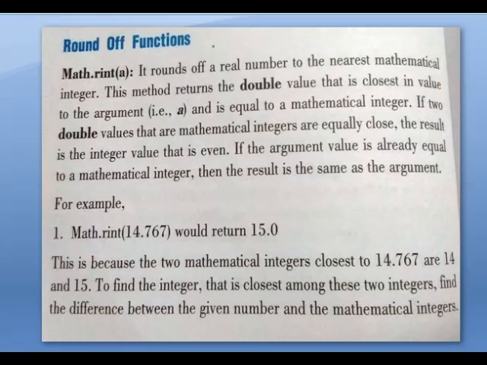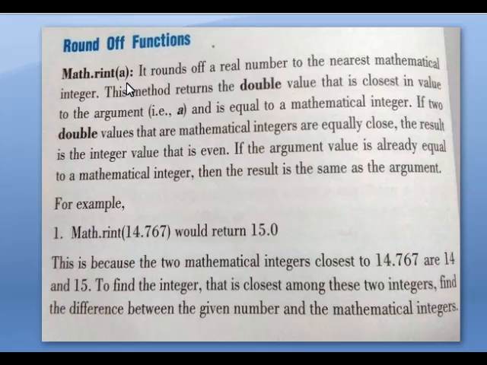Now we are going to see the round-off functions. First one is Math.round. Okay, Math.round means it will give the rounded value. If the given value is a decimal value, it will look at the number just after the point.